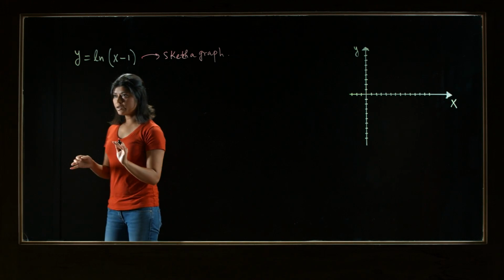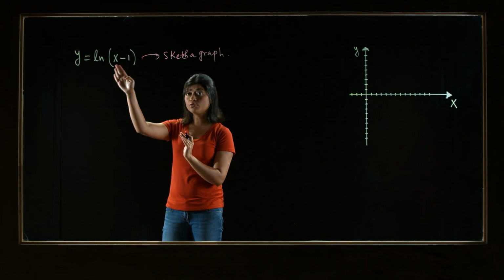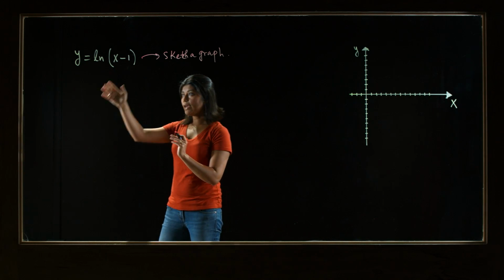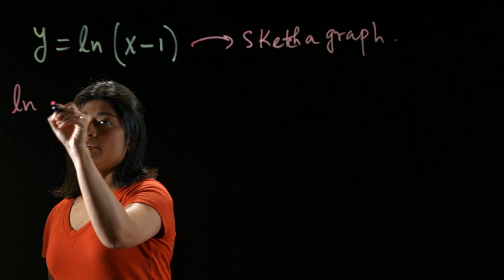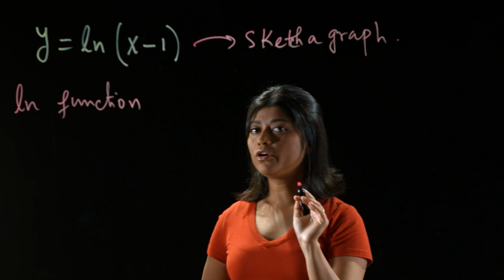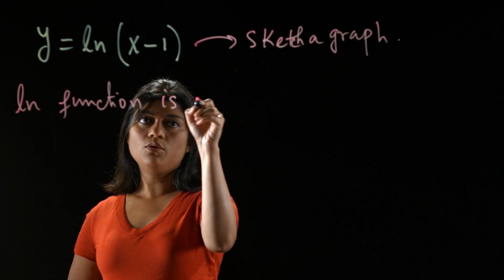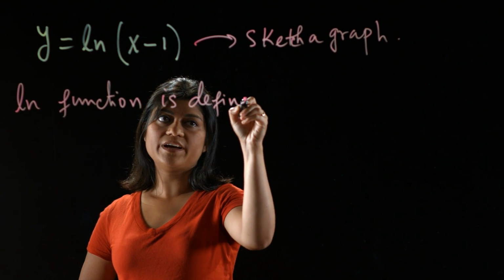Before we start the table, please recall that this is a natural log function, and an ln function is not defined for every x value, but it is defined only for positive values.